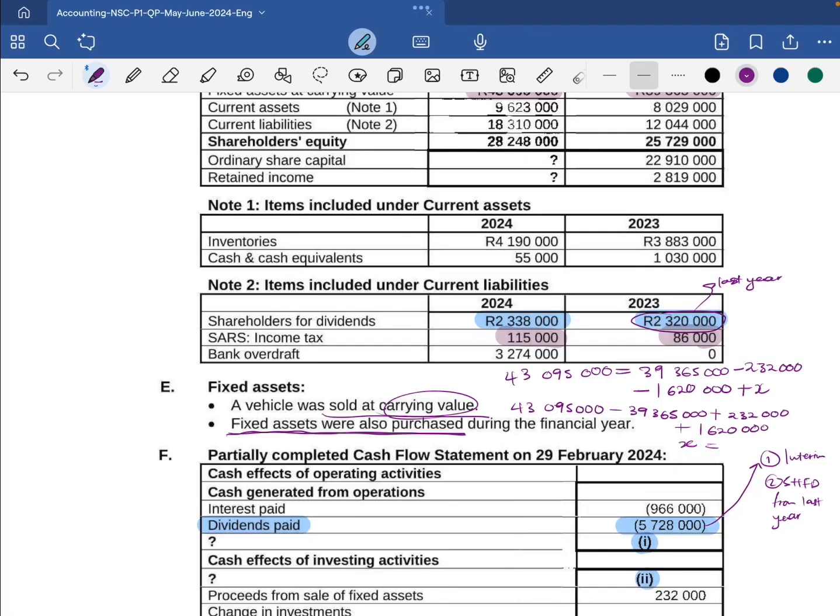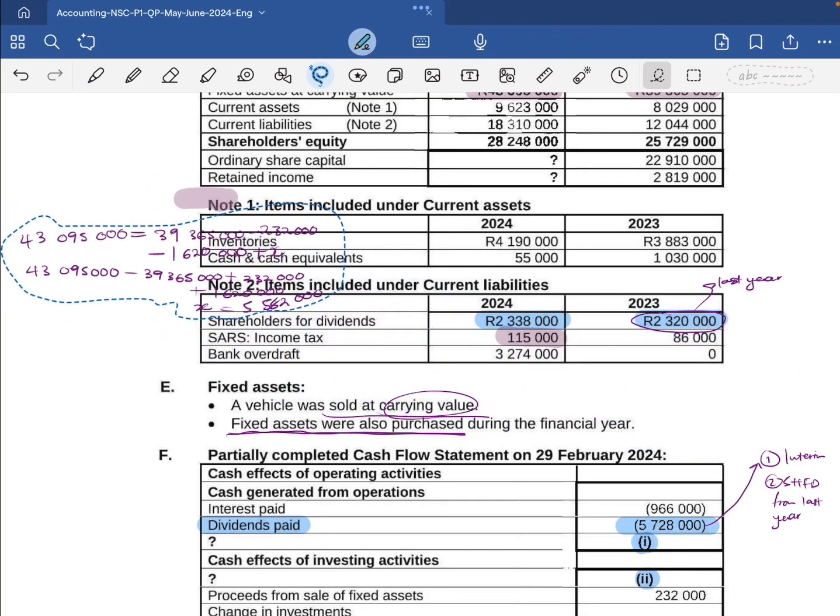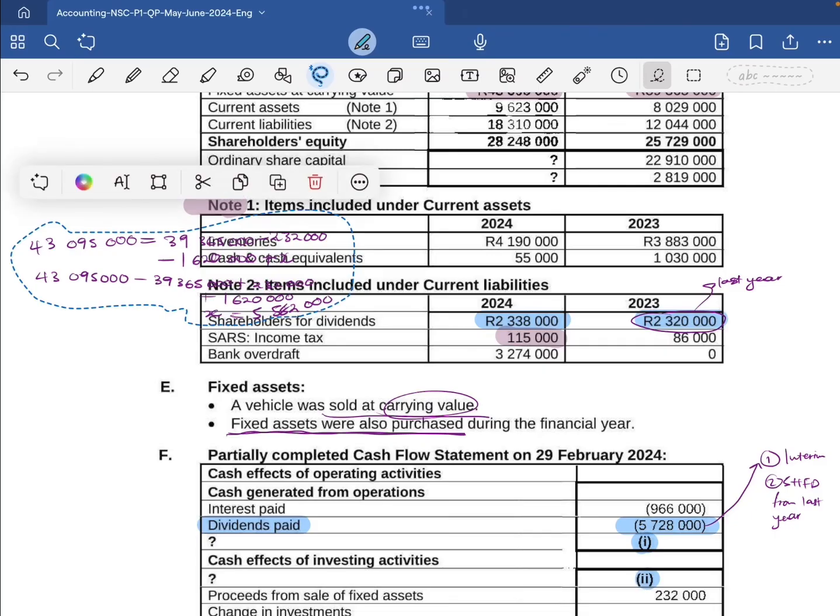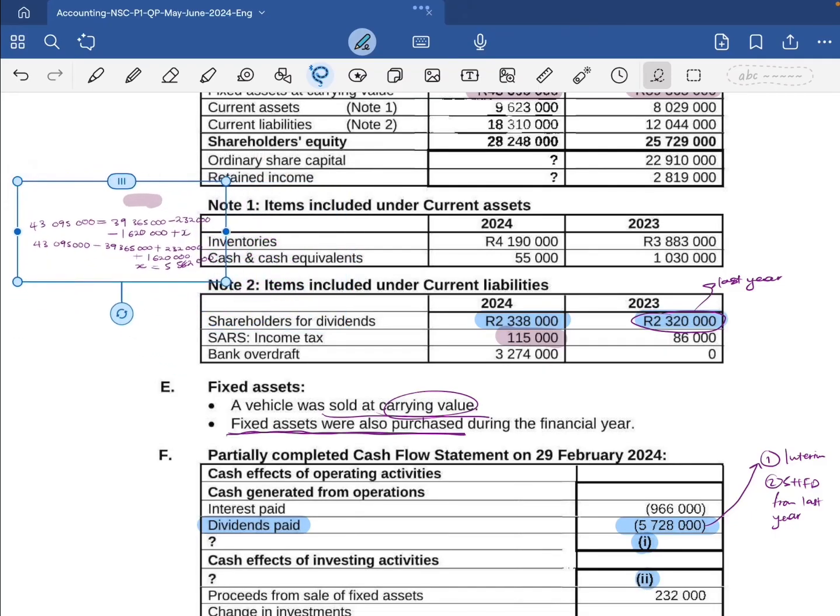Minus 39,365 plus 232 plus 1,620. All right, so here we are going to have 5,582. Right, let's just take our working to place that is a bit neat. All right, so I'm going to try and resize this.